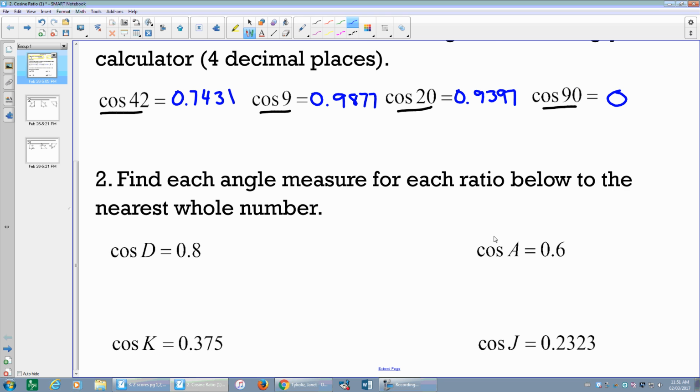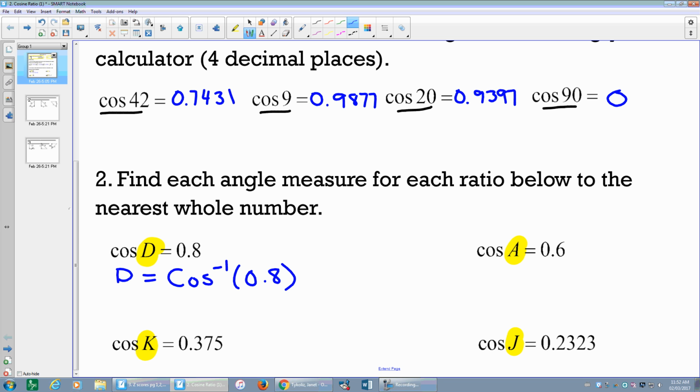Okay, now number 2, it says now we're finding the measure of each angle. So that means I'm solving for these letters here, and these letters all represent an angle. Similar to yesterday, we are going to say angle D, and I know it's an angle because it's a capital letter, is equal to the cos inverse, or the cos -1, of 0.8.